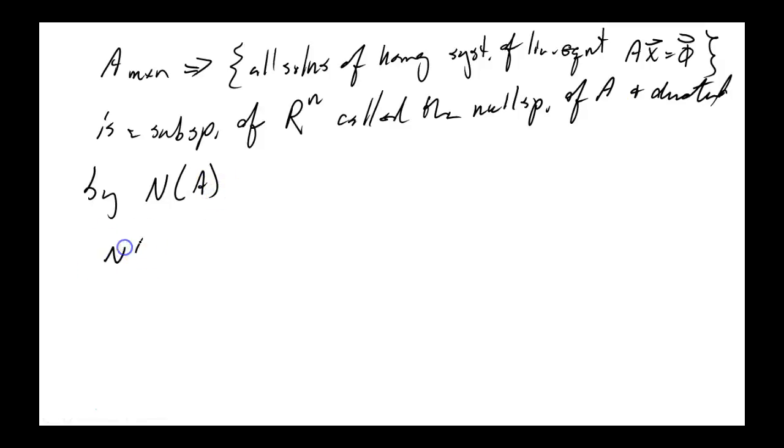So the null space of A is equal to the set of all vectors x in Rn such that AX is equal to 0.